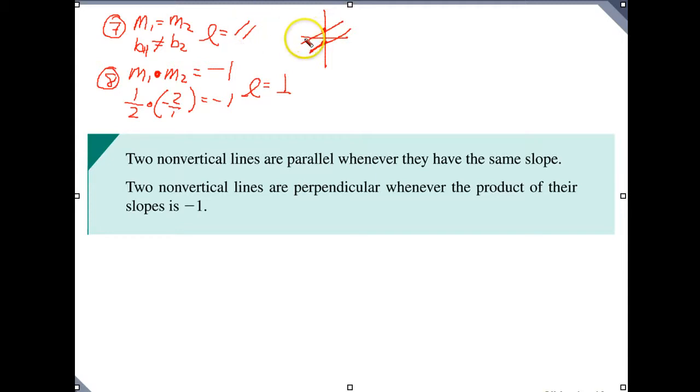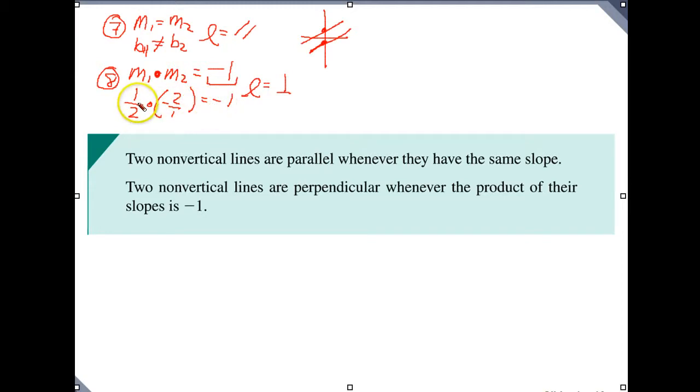These lines are parallel. Now here, if you look at the slope of one equation, and you look at the slope of the other, and you multiply the slopes, and the product of the slopes is -1, then an example is 1/2 times -2 over 1. The 2's cancel out, and you're just left with -1.